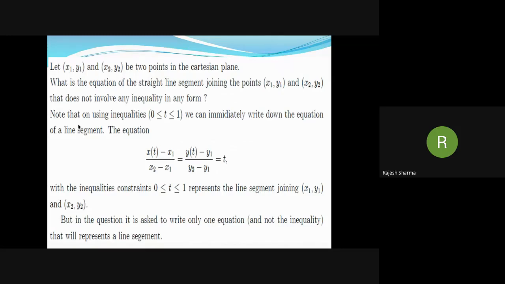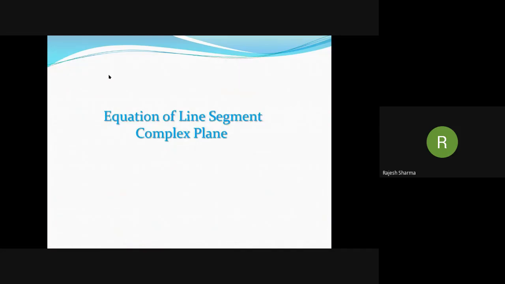We have discussed the question that we have to find the equation of the line segment joining these two points in the Cartesian plane. We begin with the equation of a line segment in the complex plane.